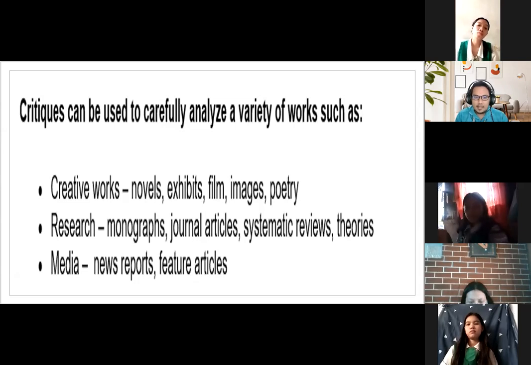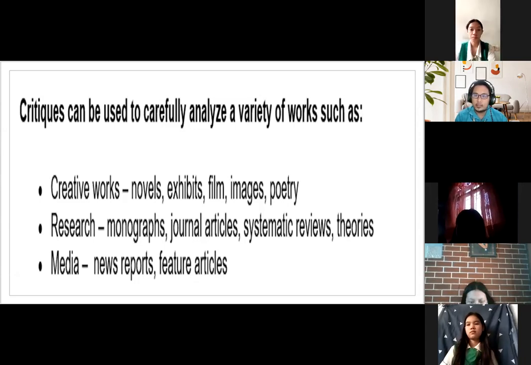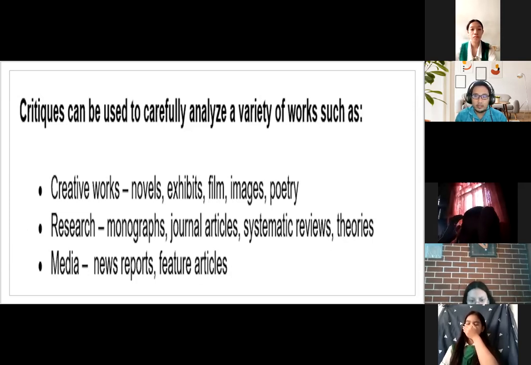Like an essay, a critic also uses a formal academic writing style, meaning it has a clear structure: introduction, body, and conclusion. But in our critical paper, the body of a critic includes the summary of a particular work or material and a detailed evaluation of it.